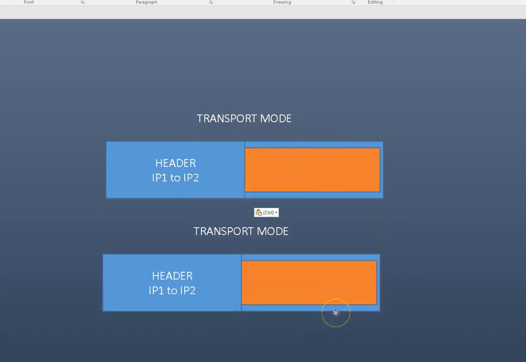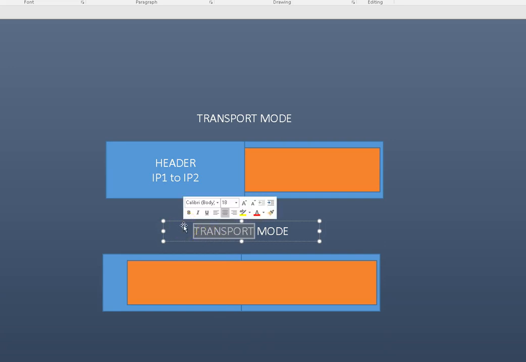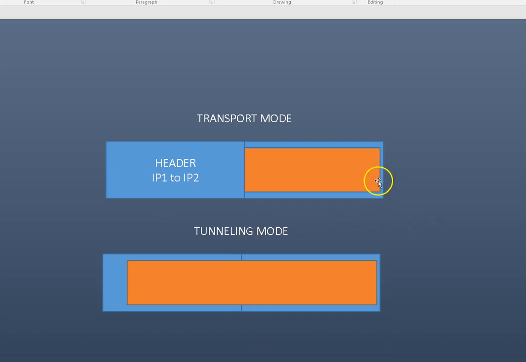Now, instead of having a situation where we are only covering up the payload, it actually encrypts both the header as well as the payload. And this is what's called tunneling mode. That's the difference between those two.